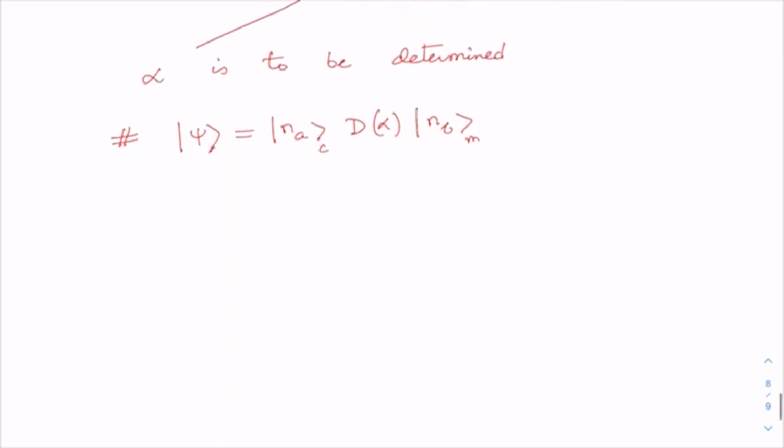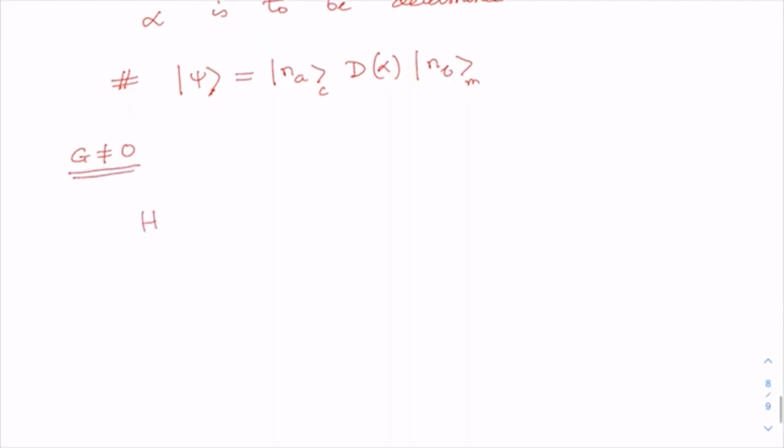Let us now set the eigenvalue equation for z not equal to 0. The eigenstate is Na direct product with the displaced state of the mechanical phonon, and this is equal to E Na Nb times the state, and this E Na Nb that I am writing is the eigenvalue.